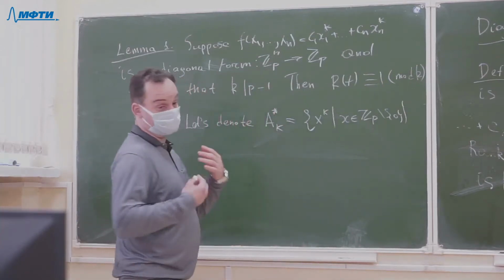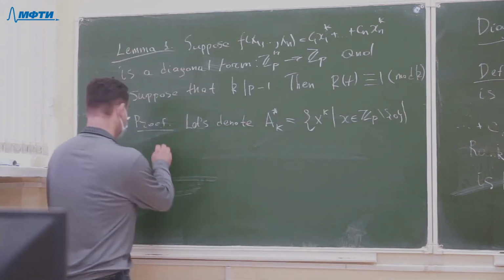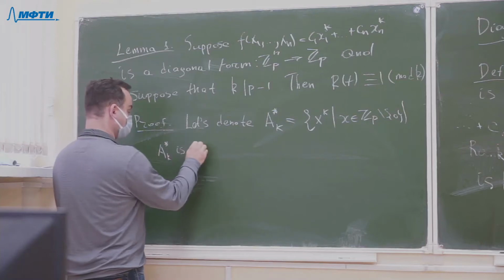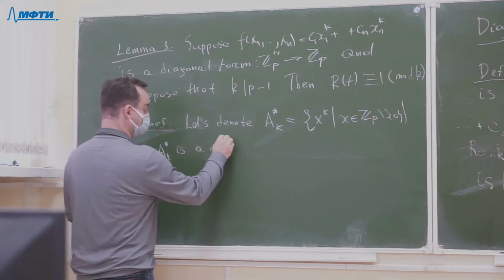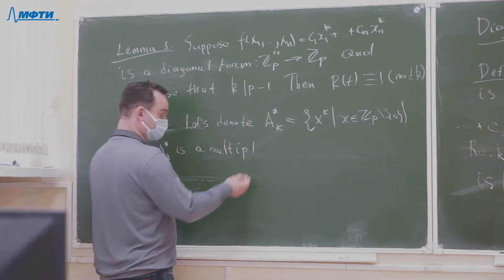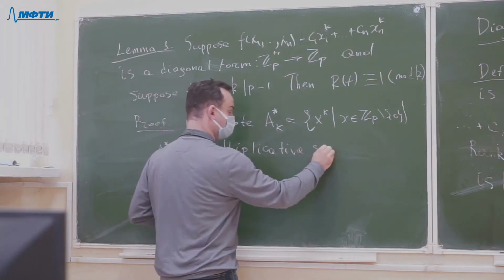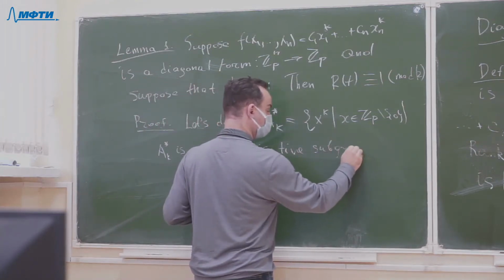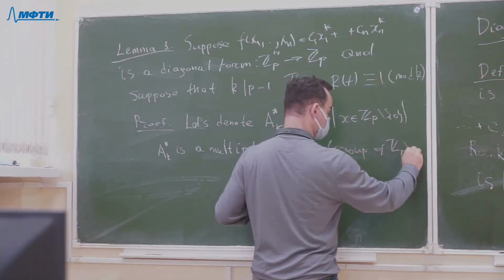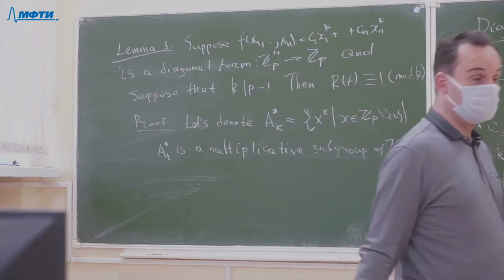It's a multiplicative subgroup, right? Do you know that? It is a multiplicative subgroup of Z_p without 0, which is a group under multiplication, right?